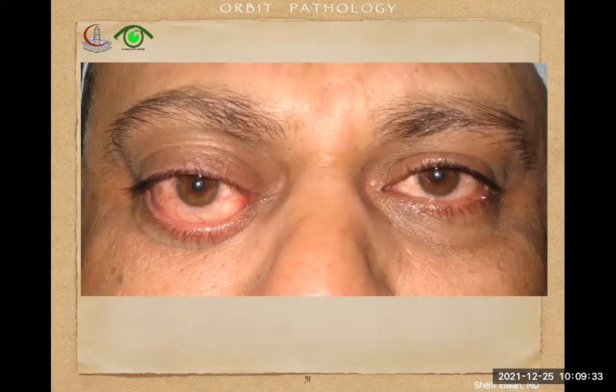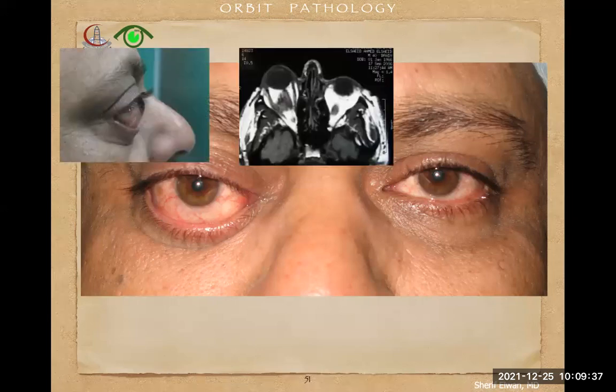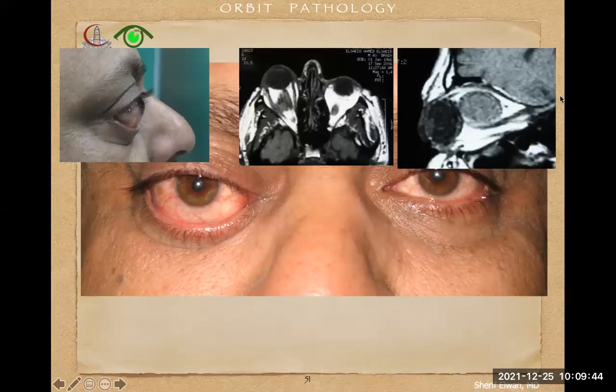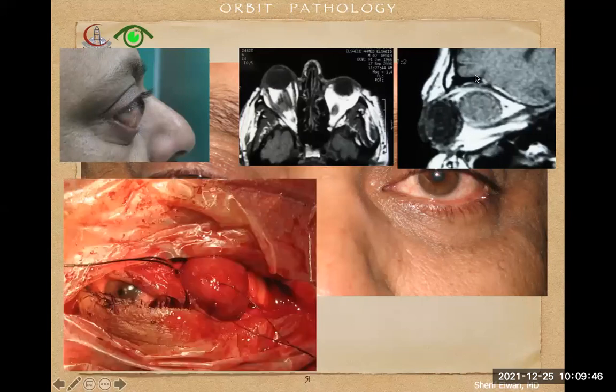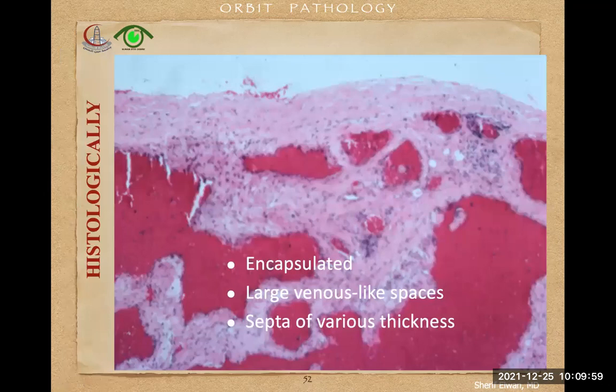It's causing proptosis. And here's from the side, and on the CT, it looks like a very big mass, as big as the globe. Here it is. And on excising it, it comes out like the nucleus of a date. It's very easy to take out, but probably more difficult to approach.